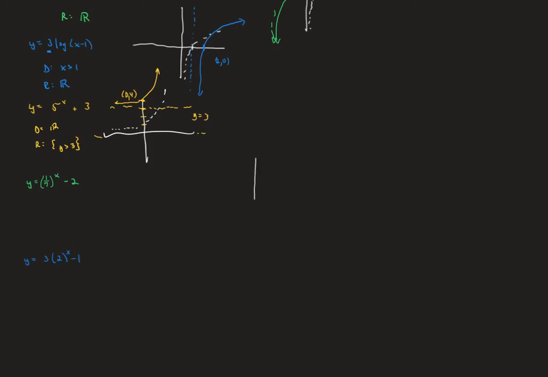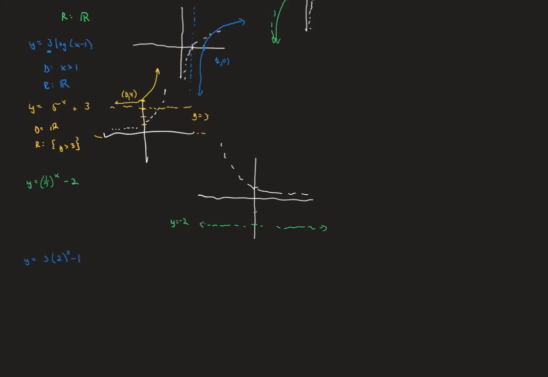So our next one, we see because the base, 1/7, is less than 1, our parent function is going to be a decay function. The -2 is going to translate everything down 2, so that asymptote in particular is going to go from the x-axis to y equals -2.